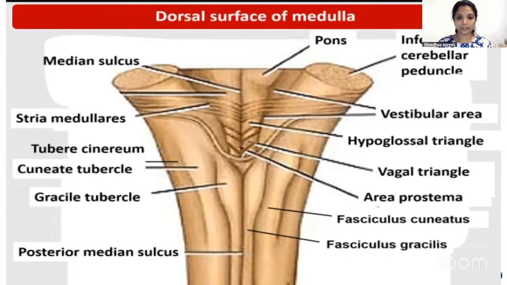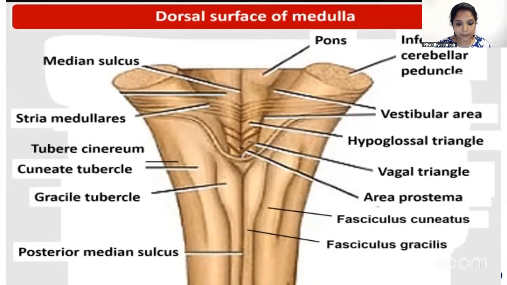The upper portion is a tubercle, and as it moves downward, it forms a bundle, or a tract, right? So that is the fasciculus cuneatus and fasciculus gracilis of the corresponding tubercles. The cuneate tubercle has the fasciculus cuneatus, and the gracile tubercle has the fasciculus gracilis.